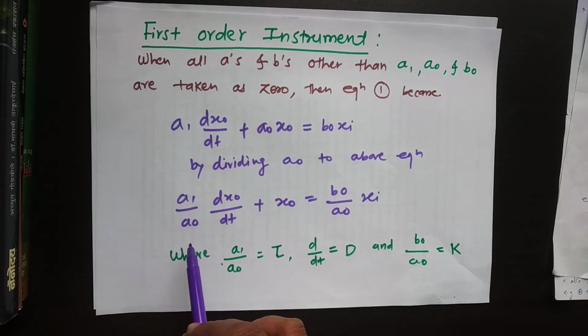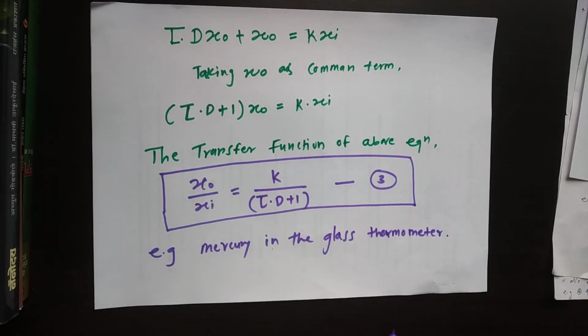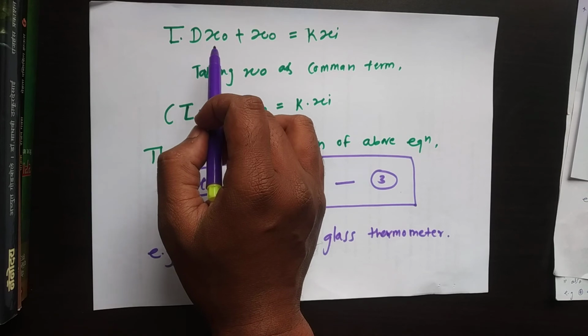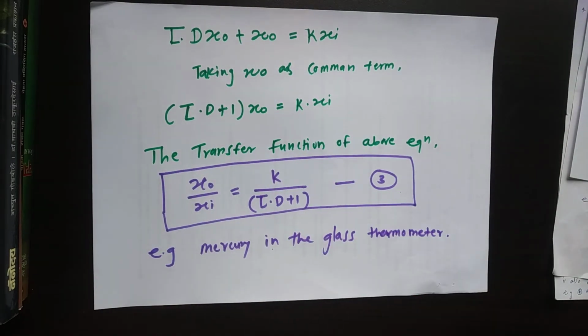We replace some terms: A1 upon A0 is nothing but the time constant tau, d/dt we can write simply as D, and B0 upon A0 is nothing but the static sensitivity k. Then our equation becomes tau D x0 plus x0 is equal to k xi.